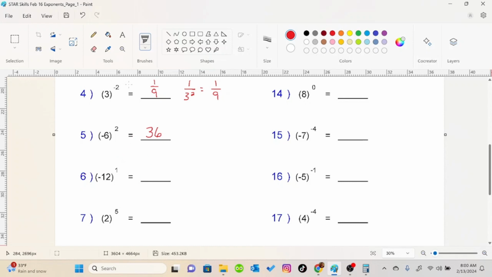Number 6, anything to the power of 1 is itself. So negative 12 to the power of 1 is negative 12.